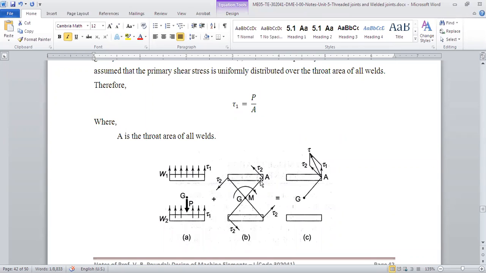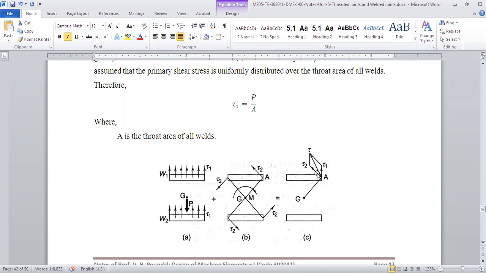So if we say GA, where A is the point at which tau 2 is the secondary shear stress, then perpendicular to GA will be your secondary shear stress. Then we have to take tau 1 and tau 2, primary and secondary shear stress, and calculate the resultant tau and use that for our design.